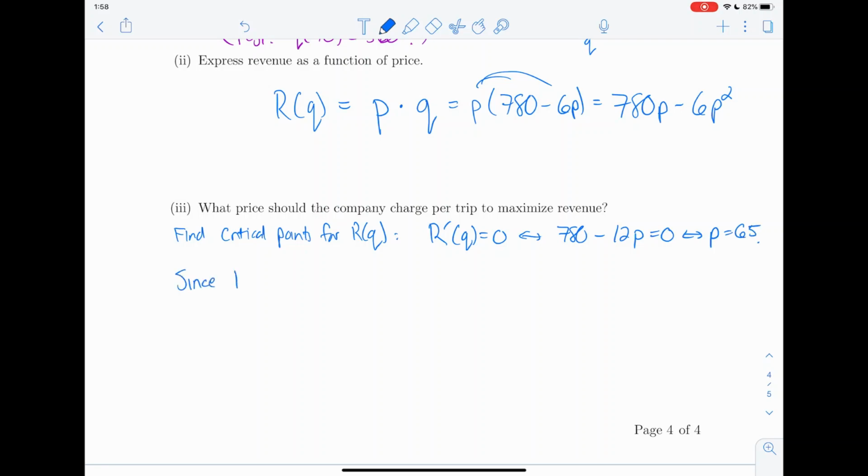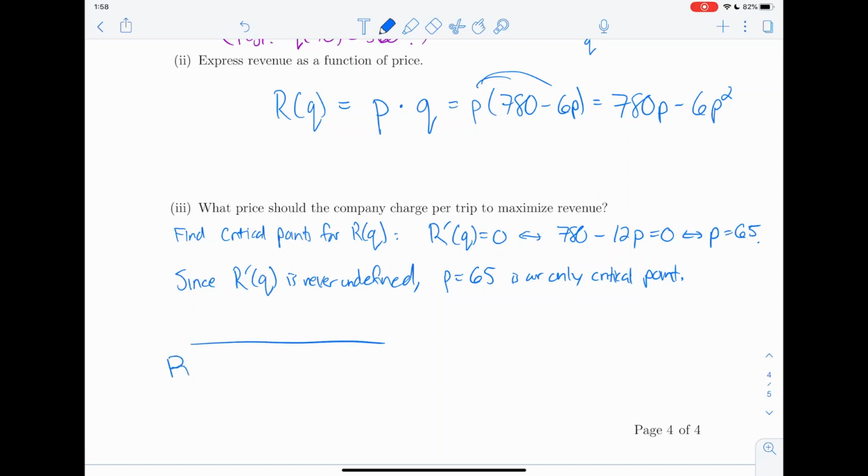Again, since R prime is never undefined, the price 65 is our only critical point. I don't yet know that it's a max or a min, or neither, so I do the first derivative test. I put R in the bottom. I put R prime up top.